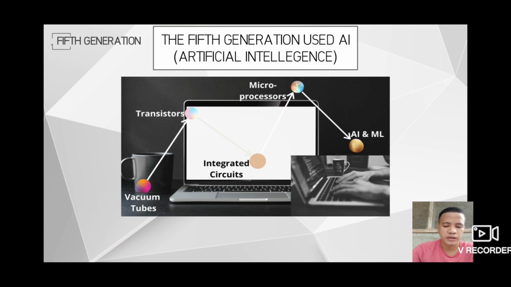So in the fifth generation, first, development of expert systems, game playing, robotics, and natural language understanding neural networks.